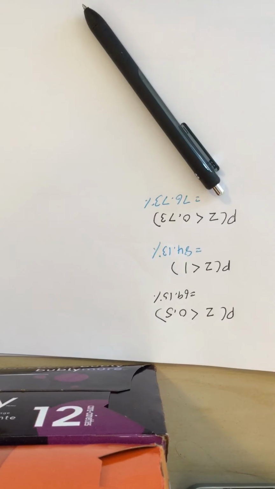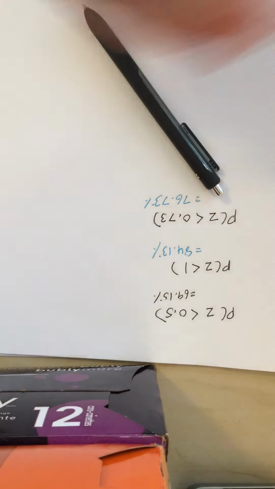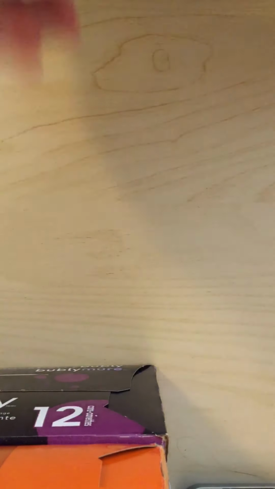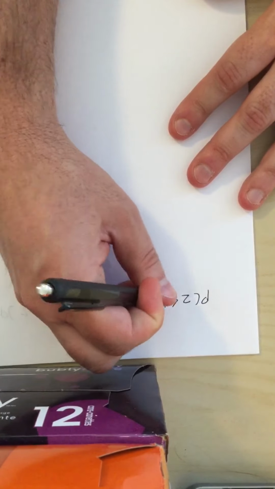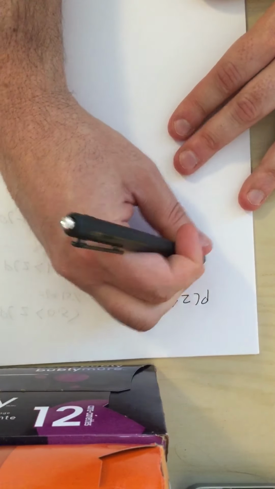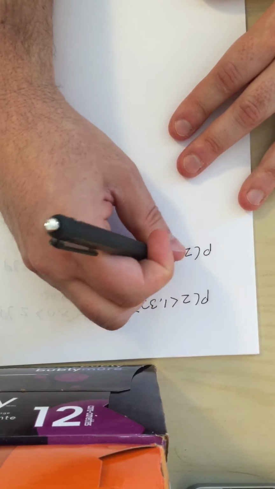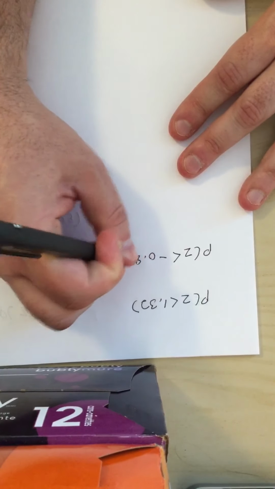So what I'm going to do now is give you a couple of examples. We want to know, what is the probability that z is less than 1.32? What is the probability that z is less than negative 0.84?